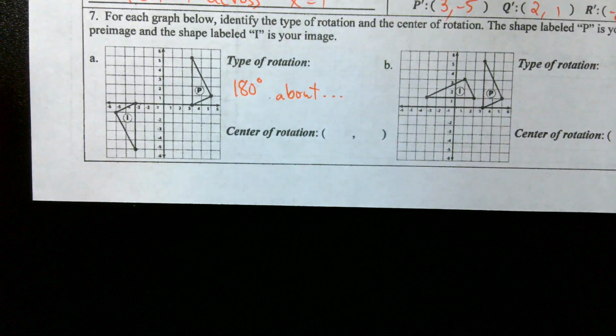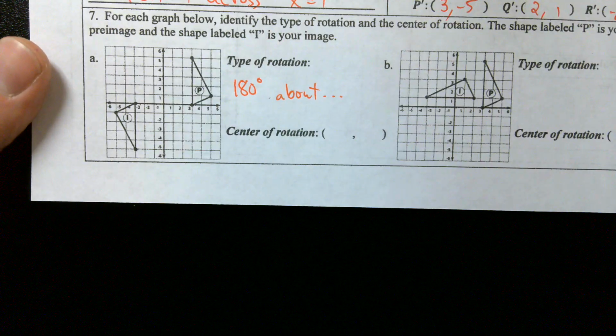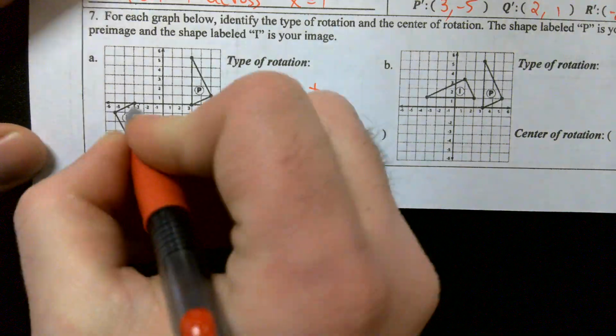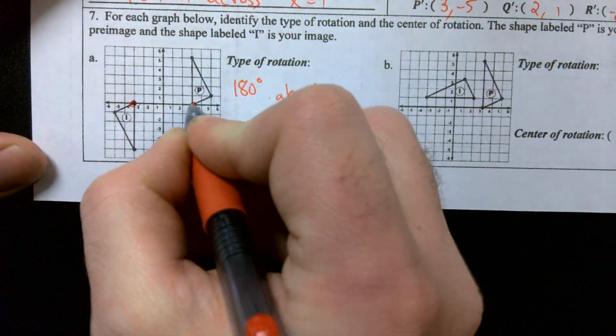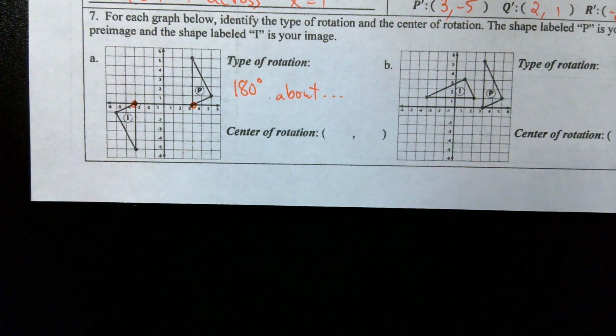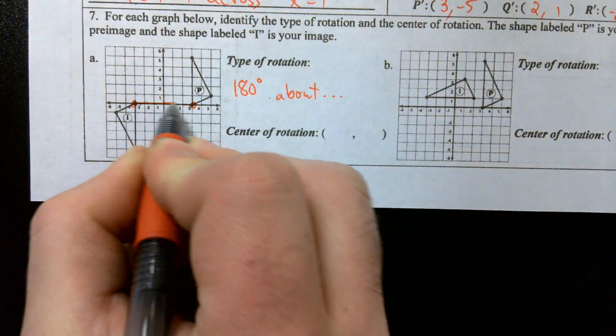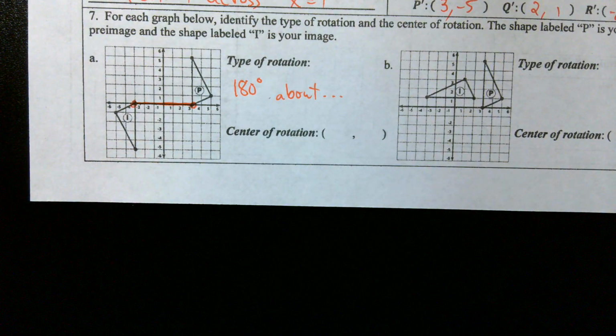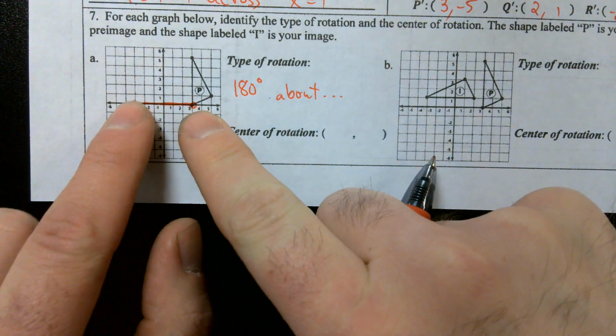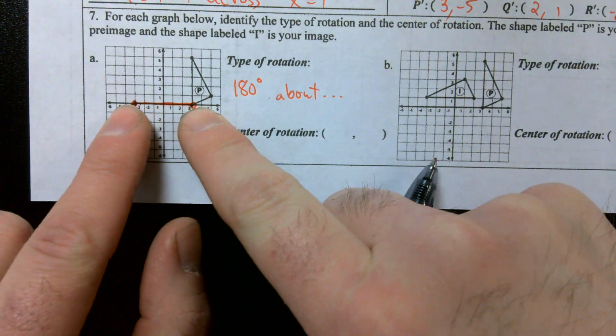And then we got to figure out our center of rotation. How can we figure that out? Tyler? You can count. Let's take this point since it's on a nice horizontal line. How far away are those points? 6. Well, if I do a 180 degree rotation, I should see a 180 degree angle, which we have here.